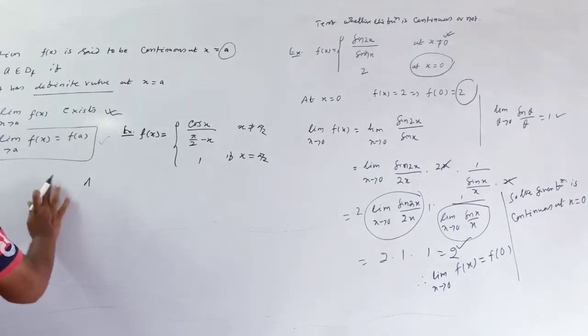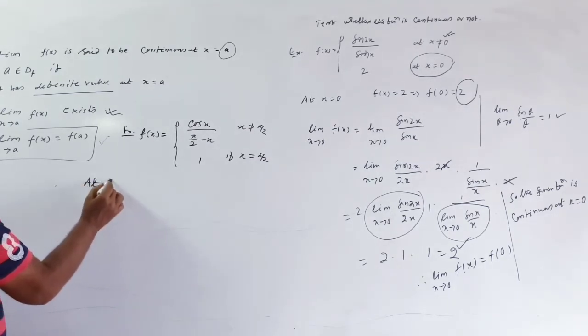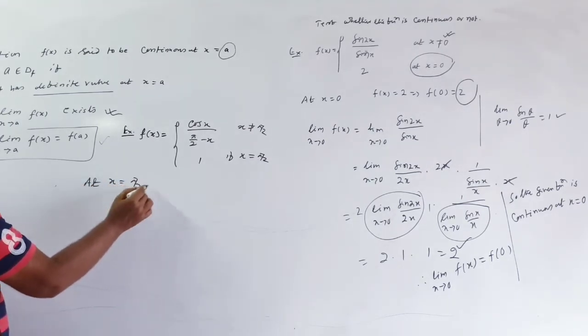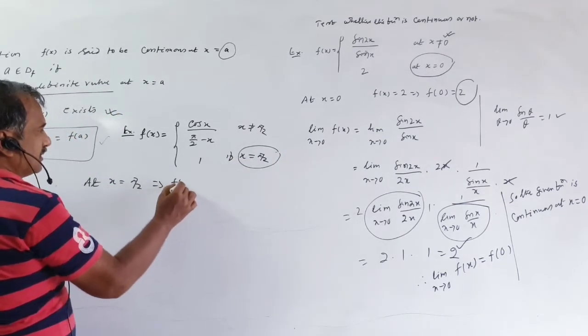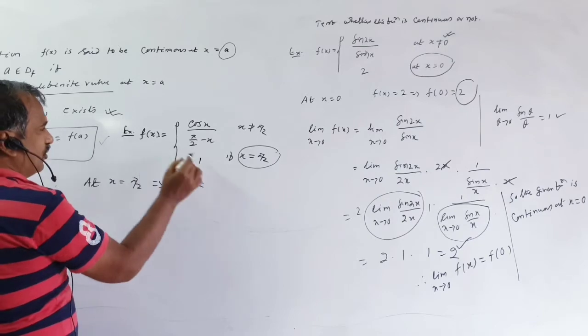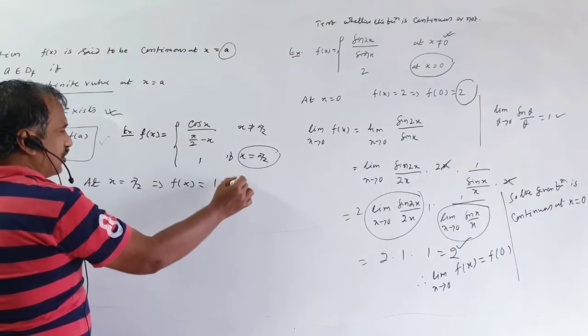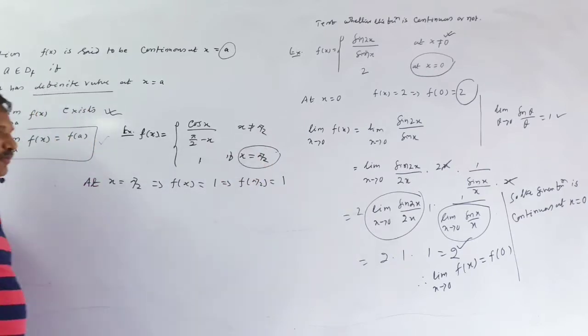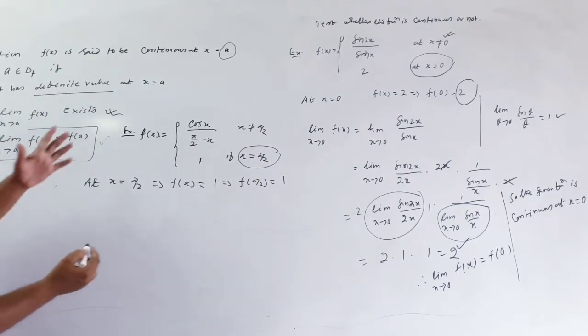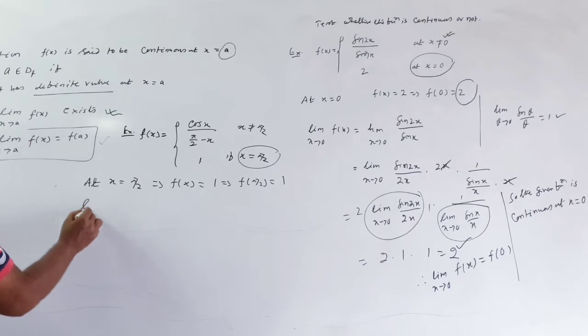Here at x equal to pi by 2 it is given. So what is the f of x? F of x equal to 1. So f of pi by 2 equal to 1.